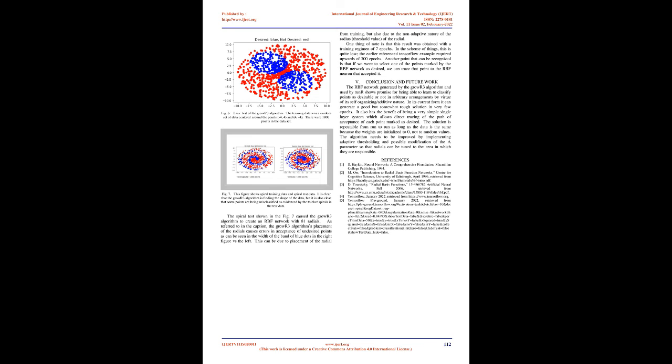The results of the test are shown in Fig 6 below. One thing of note is that Grow R3 generated 3 radials for this test, instead of 2. This is due to the tuning parameters used.